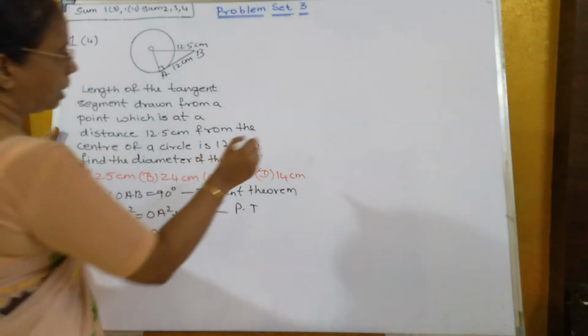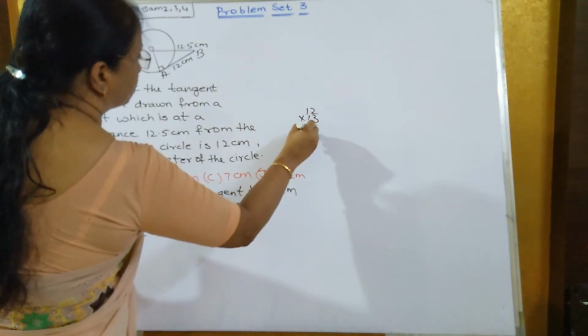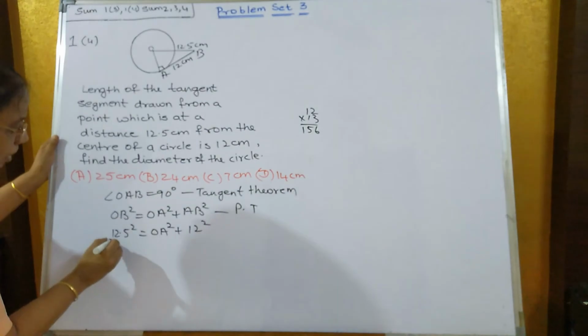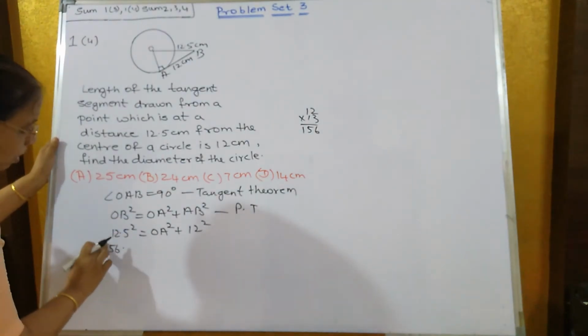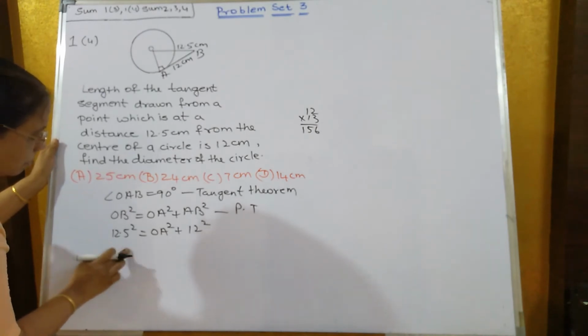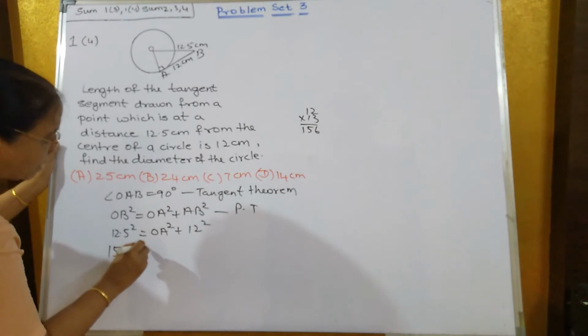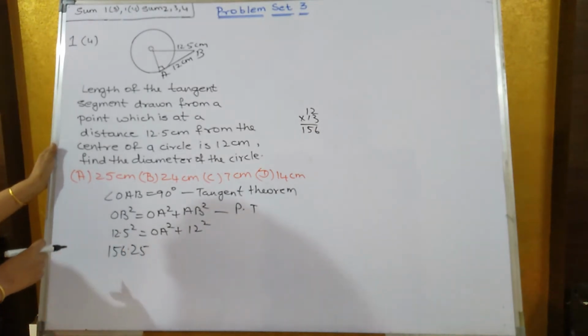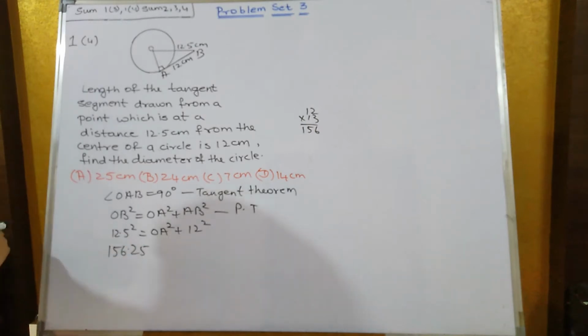Now 12 into 13: if you multiply 12 into 13, you get 156. Then the square of 5 is 25. So it is 156.25. This is a shortcut method to find the square if the unit place is 5.